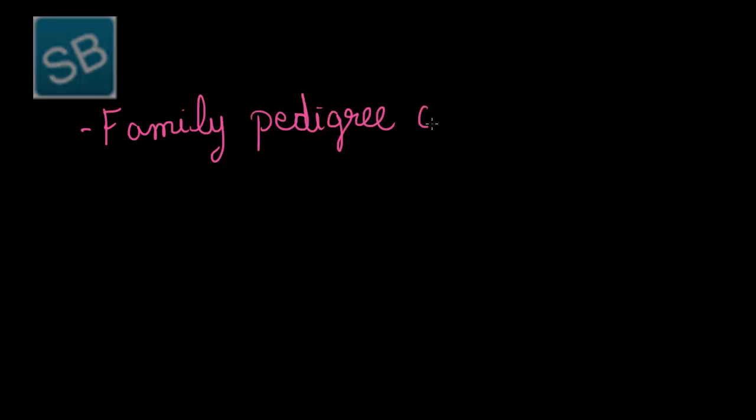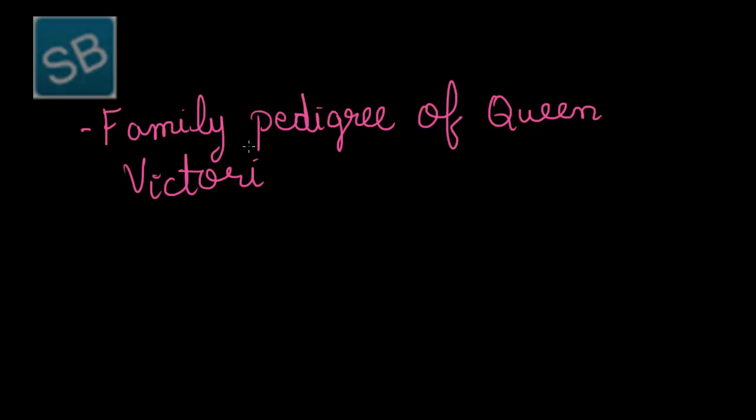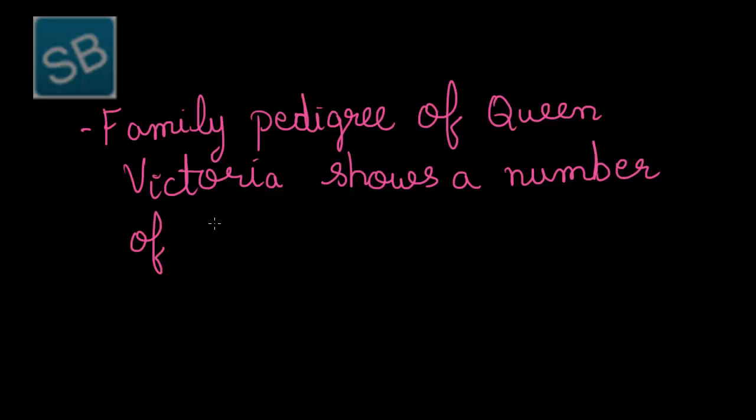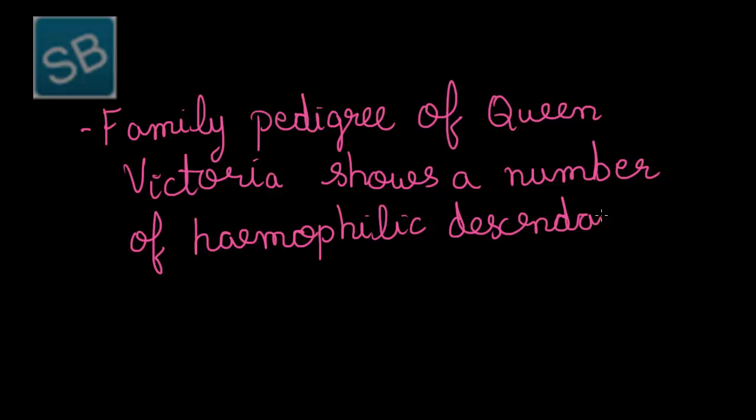Example, the family pedigree of Queen Victoria showed a number of hemophilic descendants. Why?